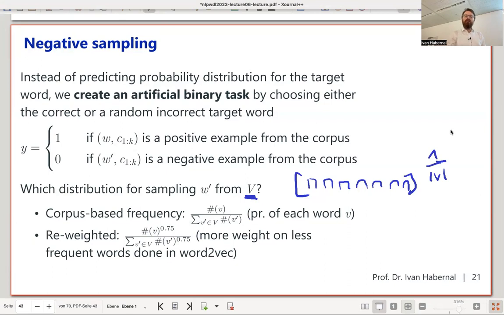Typically you change the probability of each sample to some weighting. Actually, it's still uniform, isn't it? No, it's taking the frequency. It takes how many times each word in the vocabulary occurs, and it's normalized. So the more frequent words, if you sort them by frequency, this is from high frequency to low frequency.